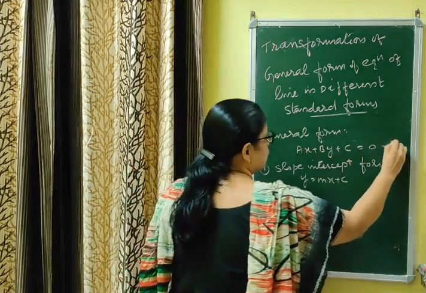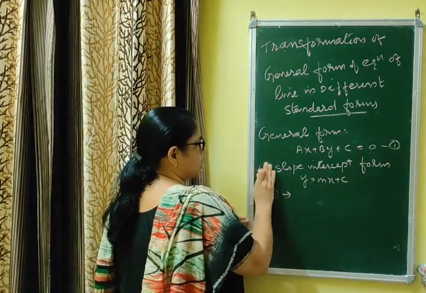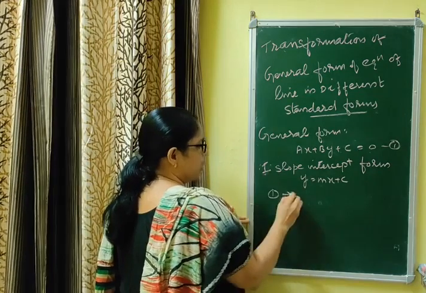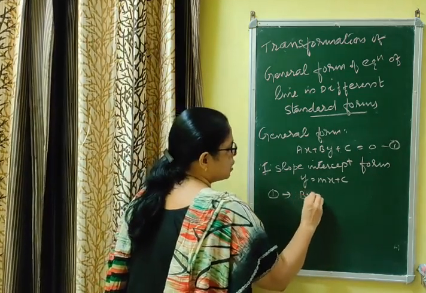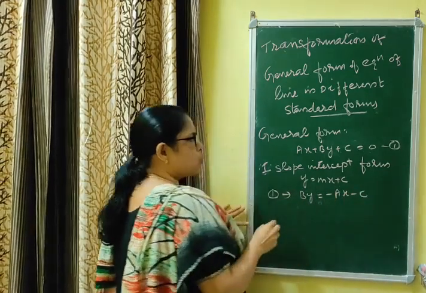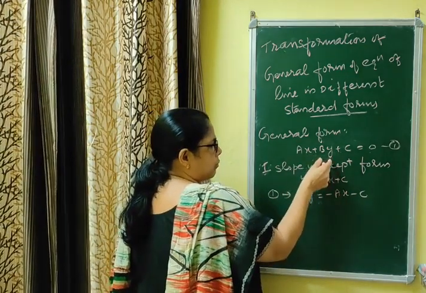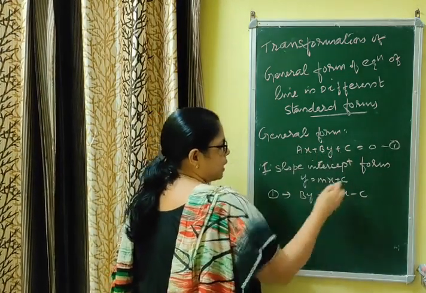How can we convert this equation into this form? Let it be equation number 1. This is the first case. Equation 1 gives by equal to minus ax minus c, because we have to convert it to y equal to. That is why, first of all, shift the terms excluding y to the right side.